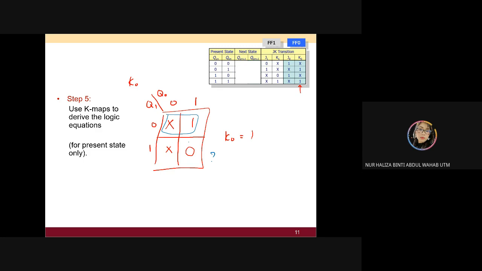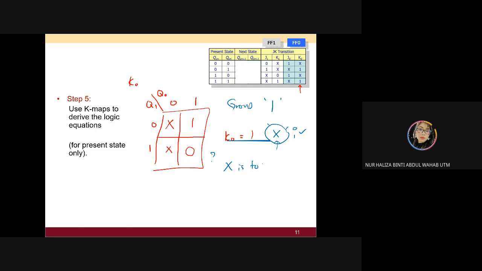Okay, what is the purpose of your K-maps? To find the simplification. How you going to get the simplification? By grouping your digit 1, not grouping your X. But what is the purpose of X? It can be 0, it can be 1. Yes, I know that. But what is the purpose?